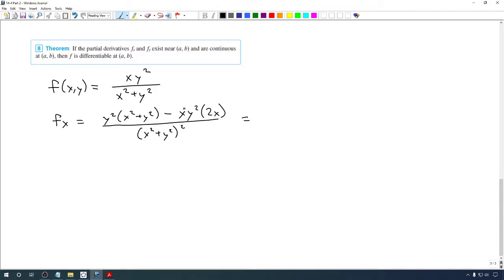We go ahead and actually work out what we have on the top there. The bottom is just going to stay what it was, but the top actually can simplify to be y to the fourth minus x squared y squared. And we go ahead and plot that.